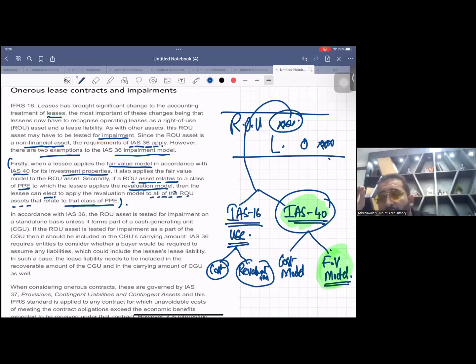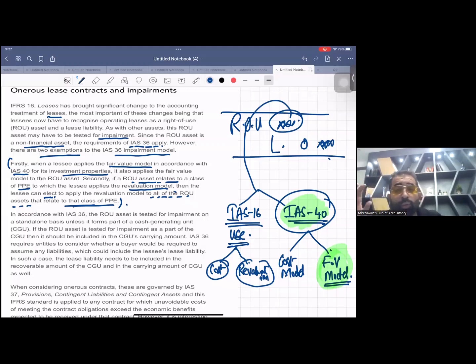Now wait. Listen to me very carefully. Hope you remember this dialogue from your basic studies, F3 and F7, of IAS 16. If you apply one model to an asset, you apply the same model to the complete class of asset. What does it mean? If you apply the revaluation model to building X, then you have to apply the same revaluation model to all buildings. Otherwise, people will start cherry picking. Remember in the basic studies you did.